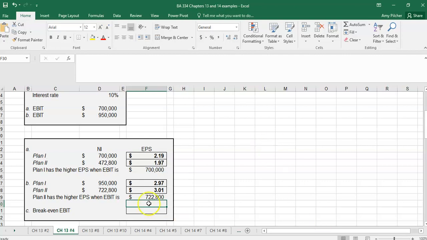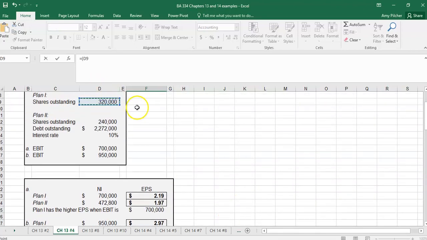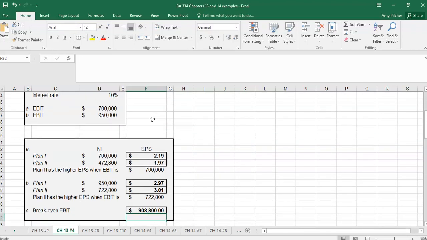Okay, so we take plan 1 shares, so 320,000 shares, times the debt, times the interest rate, and then we divide by the difference between plan 1 shares outstanding and plan 2's shares outstanding. So at $908,800 net income, either plan would give us exactly the same earnings per share.